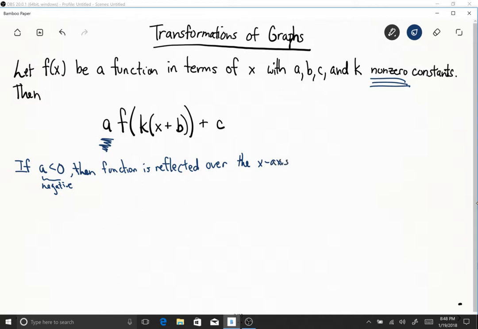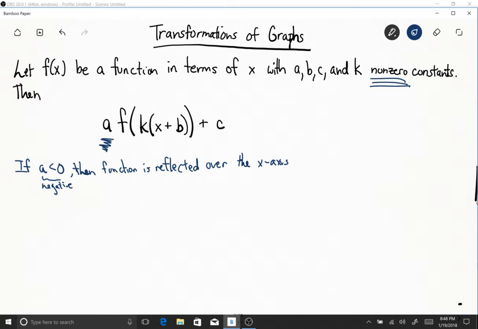Now, you'll actually see it will look mostly like the negative a. That's where people get confused, but I'm just going to say a is less than 0 because it's just some constant. If it's less than 0, meaning negative essentially, then it's reflected over the x-axis.